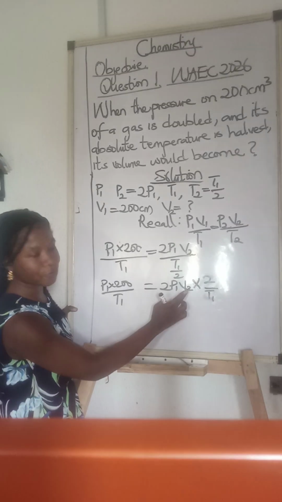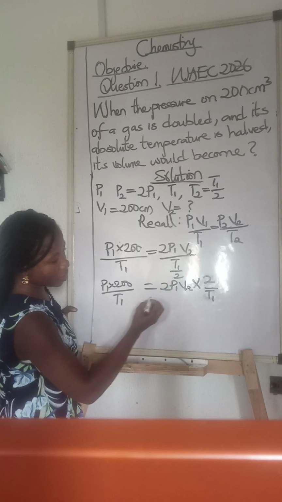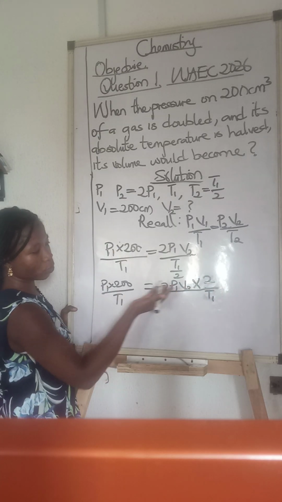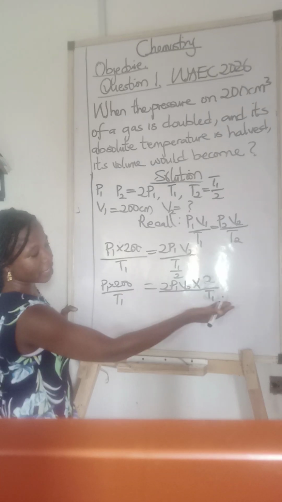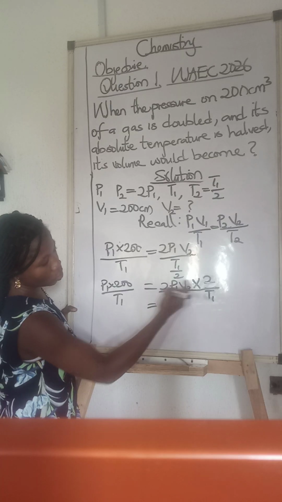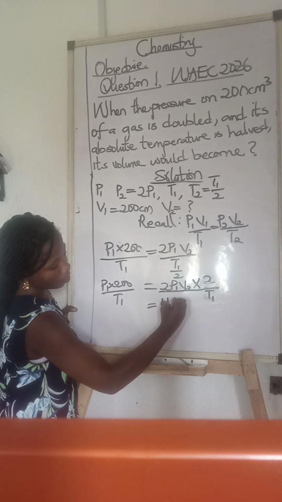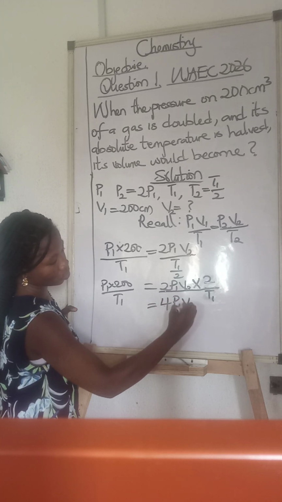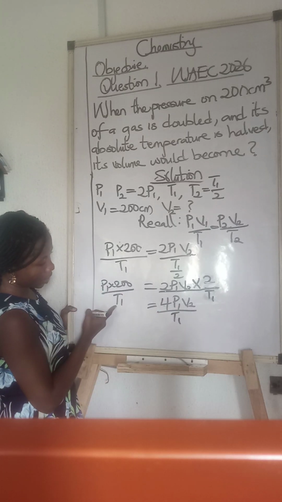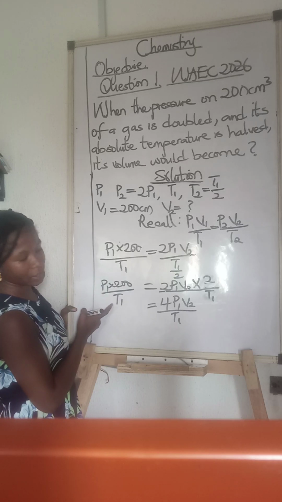What we are looking for is V2, so we make V2 the subject of the formula. With this now, this can be extended. Everything in the numerator will multiply each other. Everything in the denominator will multiply each other. There are 2 numbers that can be multiplied here. So 2 times 2 gives me 4P1 V2 over T1. Remember, we still have our P1 times 200 over T1 here.